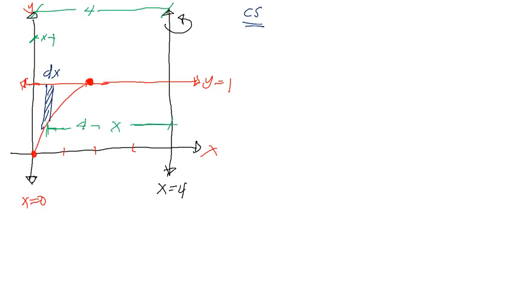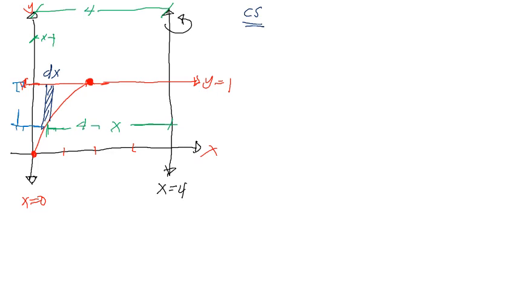Now, we also need to know the distance from the top part of the curve down to the bottom part of the curve. So we need to know the distance of this.